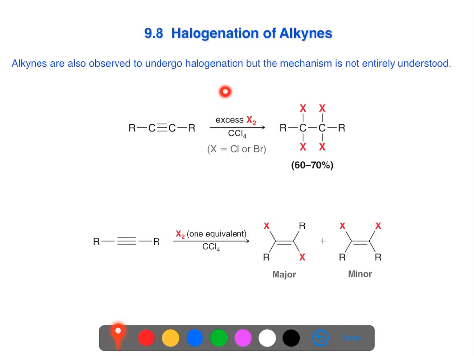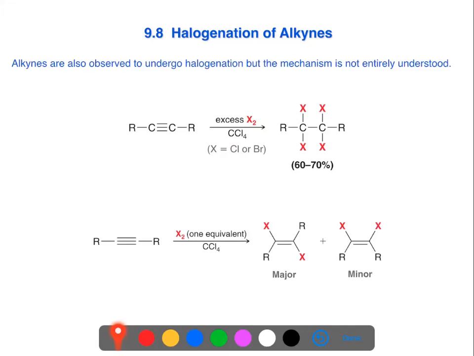And so under excess conditions, we're not going to stop at the dibromoalkene stage. The pi bond remaining as the alkyne transforms into the alkene continues to undergo halogenation until we fully, if you will, saturate that carbon backbone with halogens.